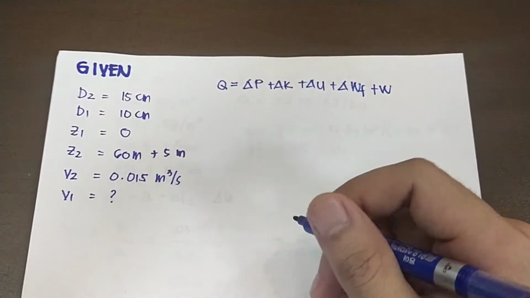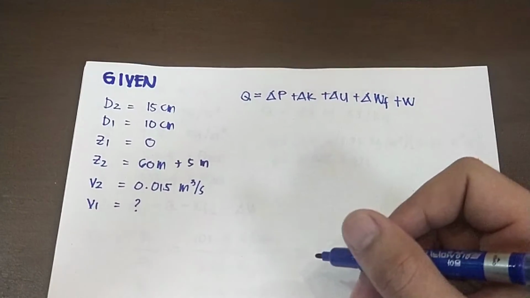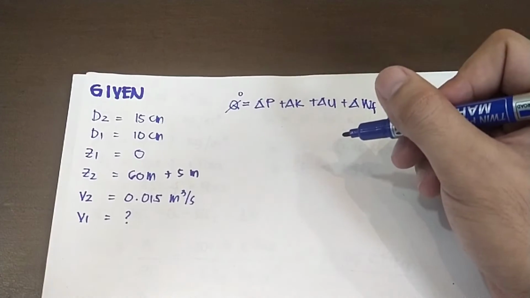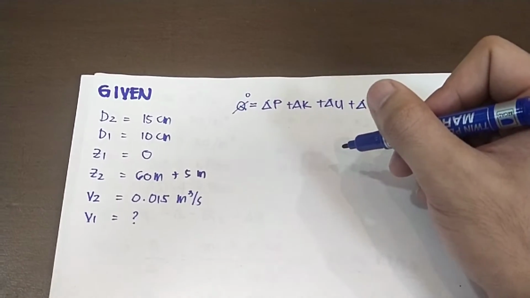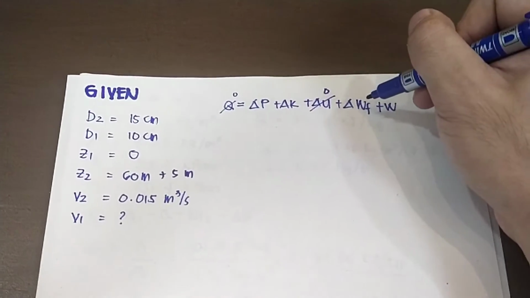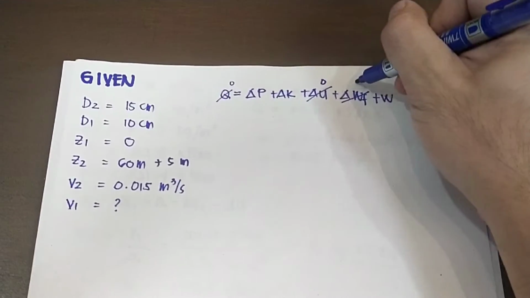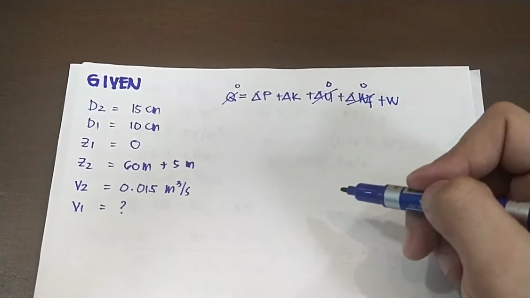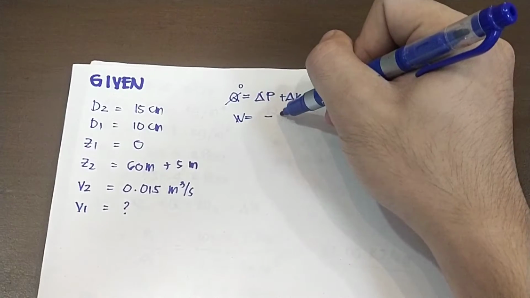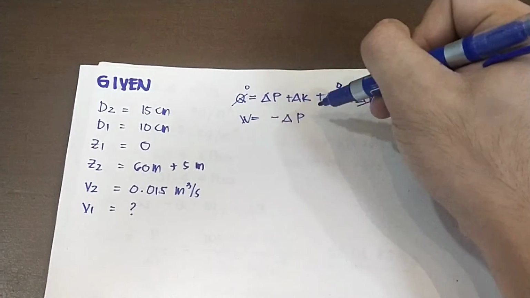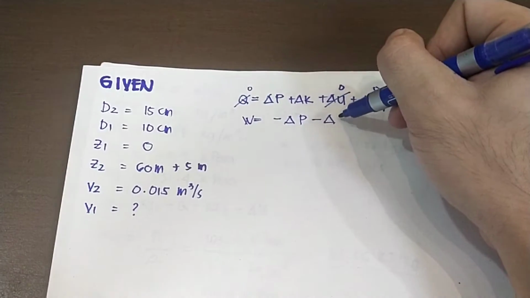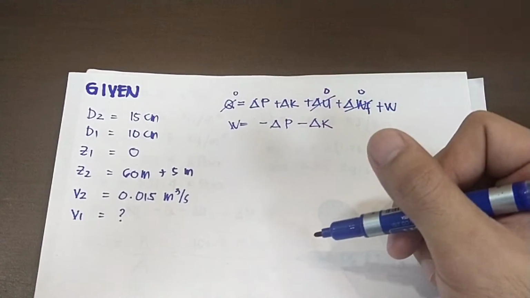As we see in the problem, our Q is 0, so cancel out the Q. And our change of U, internal energy, is equal to 0, and same here for the flow work. So now our work is equal to the negative change of potential energy minus the change of kinetic energy.